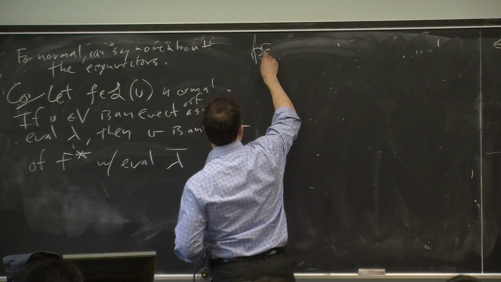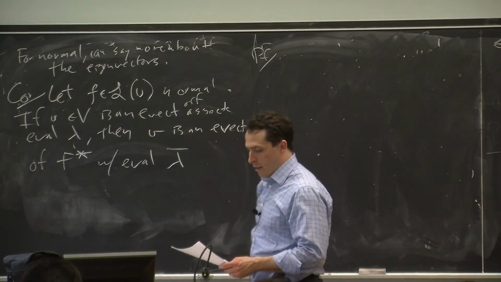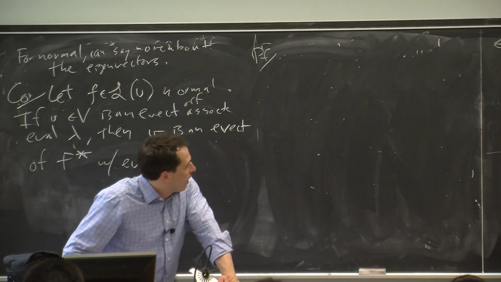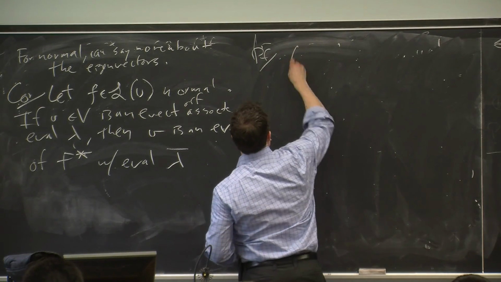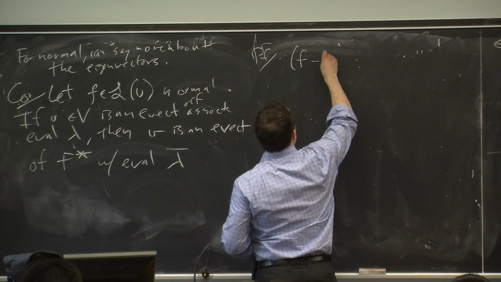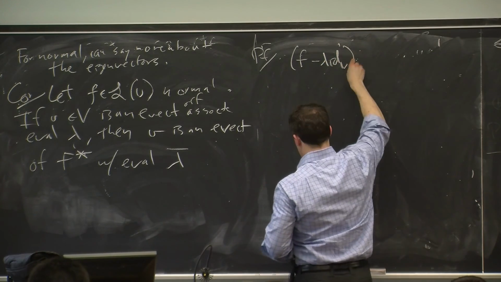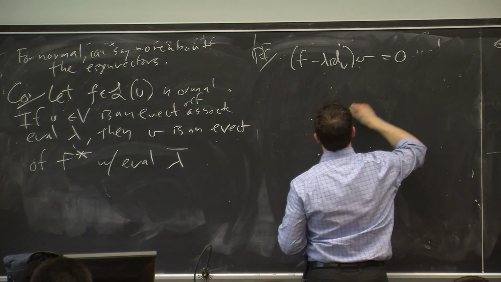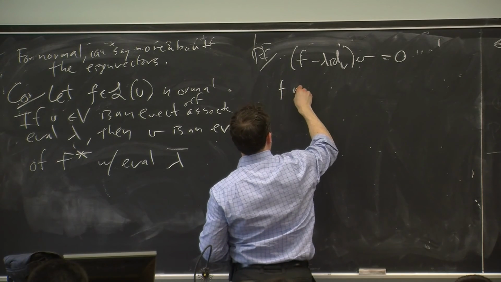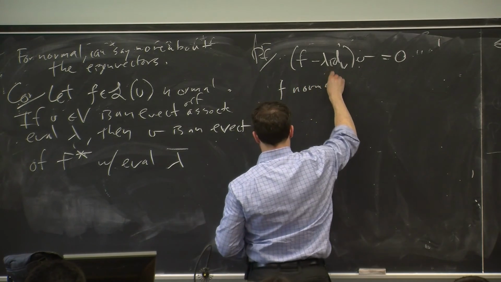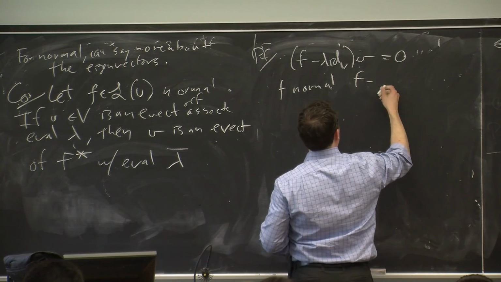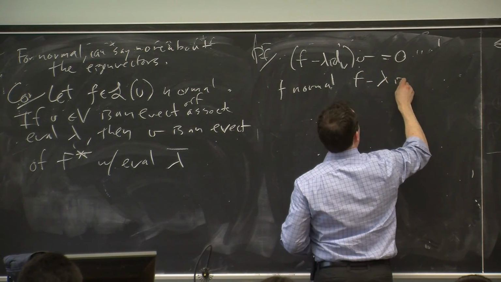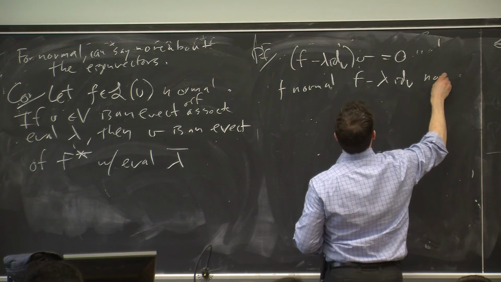So suppose that lambda and v are an eigenvalue-eigenvector pair, i.e. that f minus lambda times the identity applied to v is 0. Now if f is normal, if you work it out, you see that f minus lambda I_V is also normal.